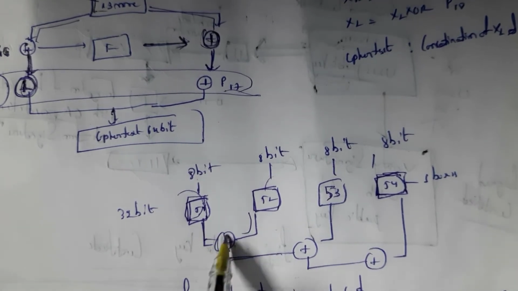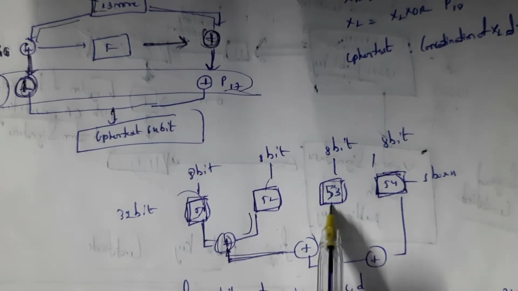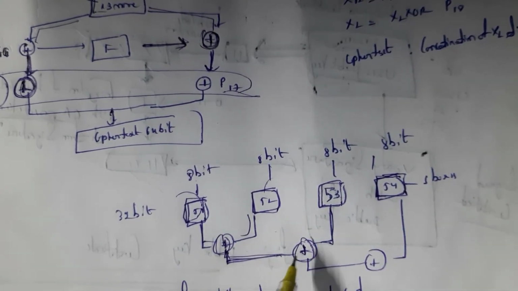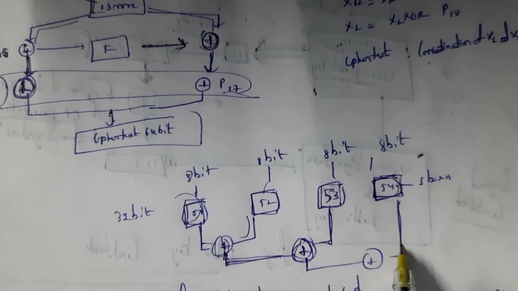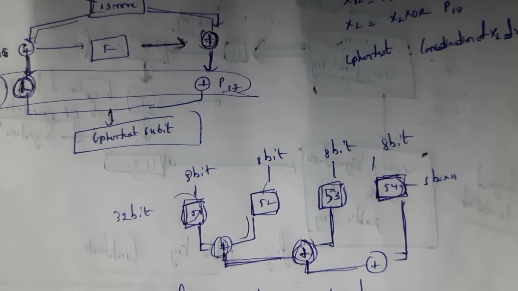After both are XORed, I will take another right side part as 53 and I will XOR this with this. Similarly, after the XOR is completed, I will take another text 54 and at last I will XOR this. This is how the Blowfish algorithm is going to work.